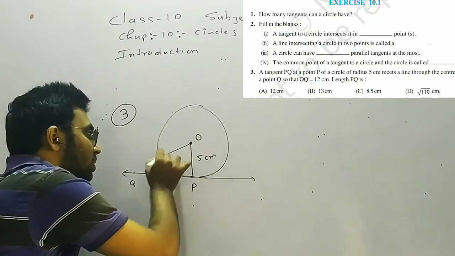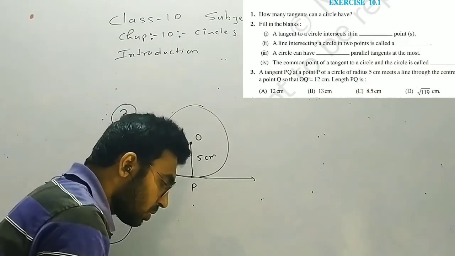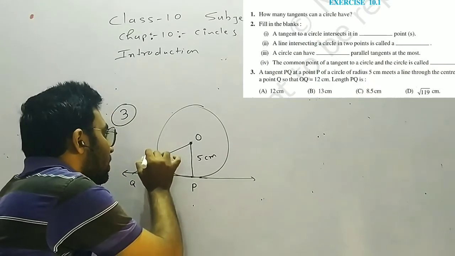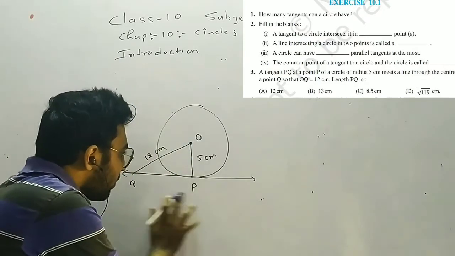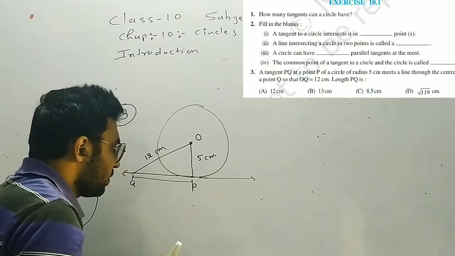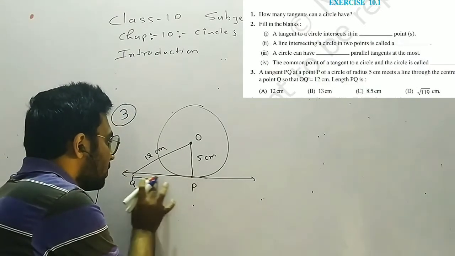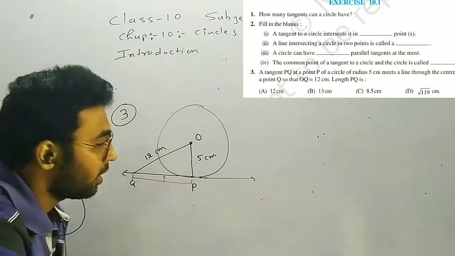OQ is 12 centimeters. What is the length of PQ? This length is the question mark. I hope you can understand.